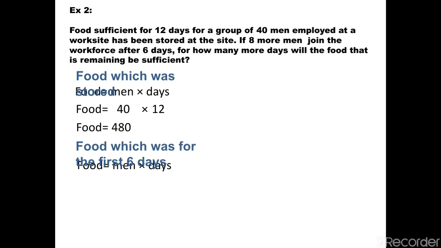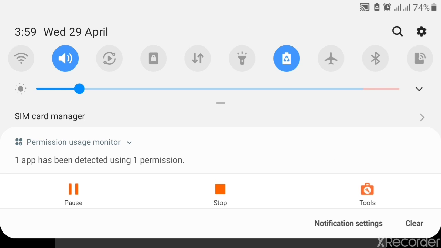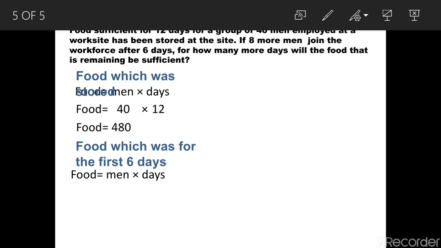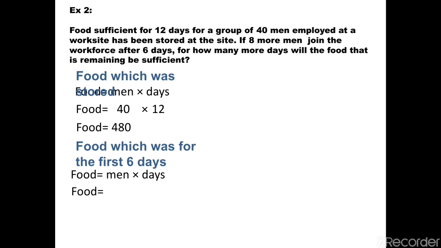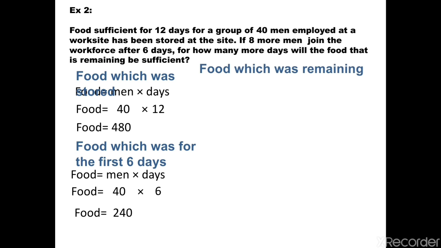Here also food equals men into days. Here we can write food equals 40 men, but days are 6. So 40 into 6, the answer is 240.